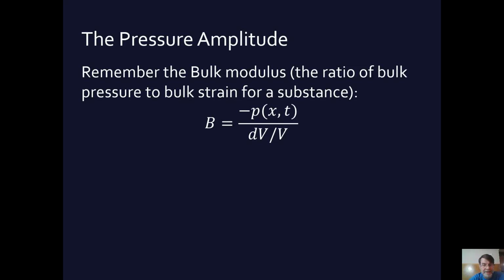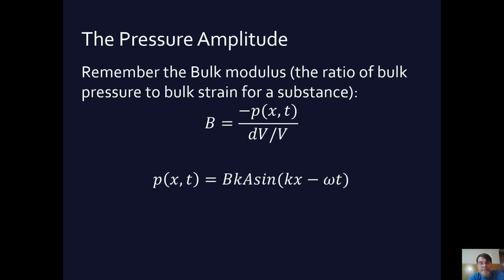The reason it's negative is because the change in volume is going to be negative, and so to keep the bulk modulus positive, we have a negative on top to counteract the negative on the bottom. Okay, you don't have to remember all that. The main thing to remember is where we end up.